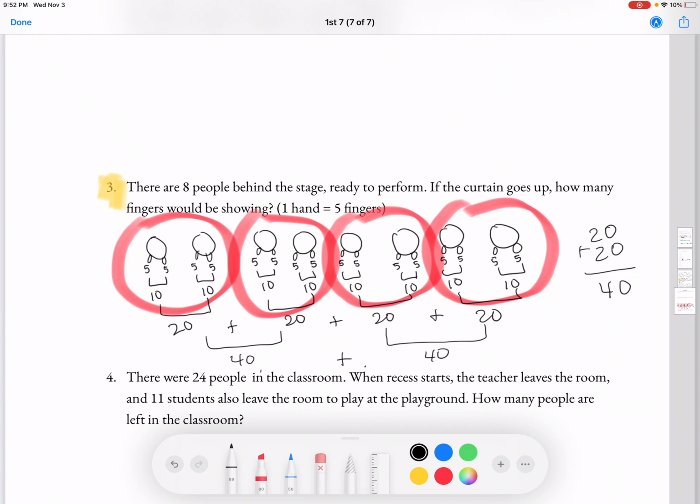And 40 plus 40 is 80. So if the curtain goes up, there will be 80 total fingers showing.